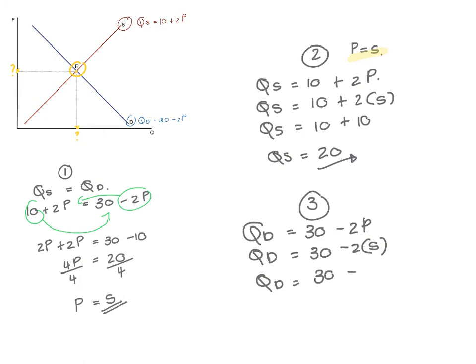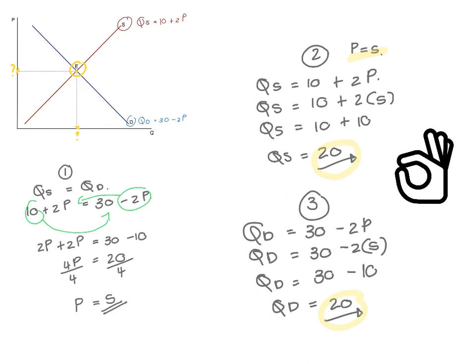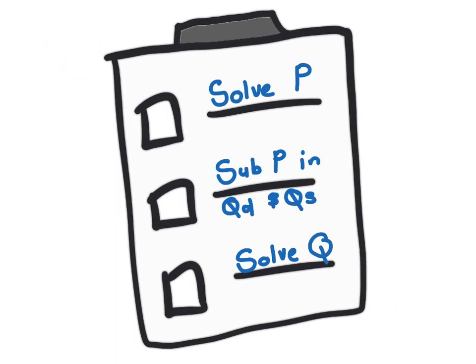Quantity demand is therefore equal to 30 minus 2 in brackets our 5, and we will multiply minus 2 by 5, giving us 10. Therefore, quantity demand is equal to 30 minus 10, giving us a final answer of 20. Both our quantity supplied and quantity demand is equal to 20. We know therefore that we are correct.